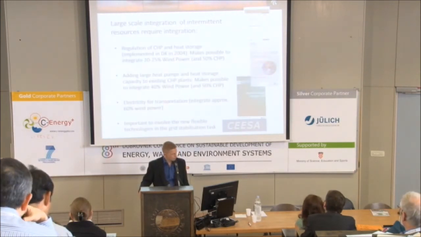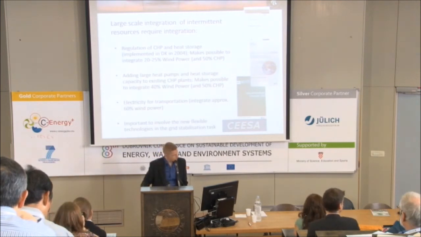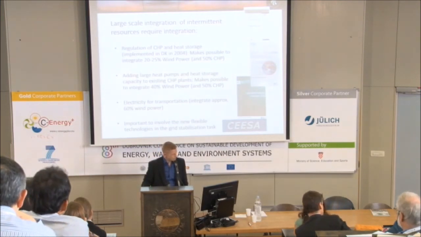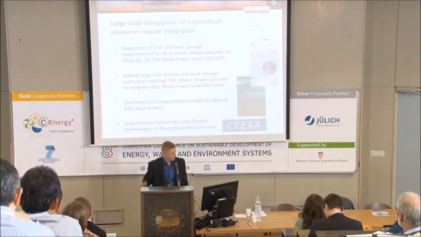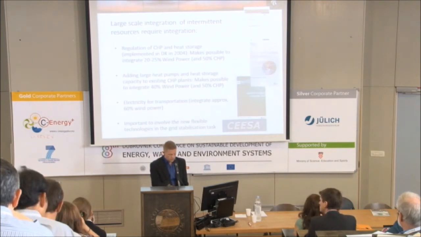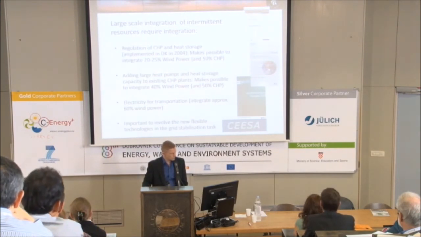Now, concludingly, large-scale integration of intermittent resources requires integration. Regulation of CHP plants and heat storages makes it possible to integrate 20 to 25% wind power and a lot of CHP production. Adding heat pumps and heat storages can increase this to 40%.